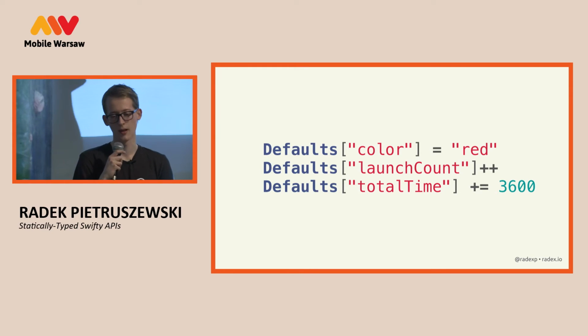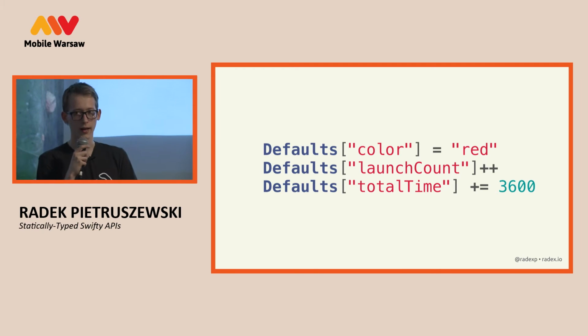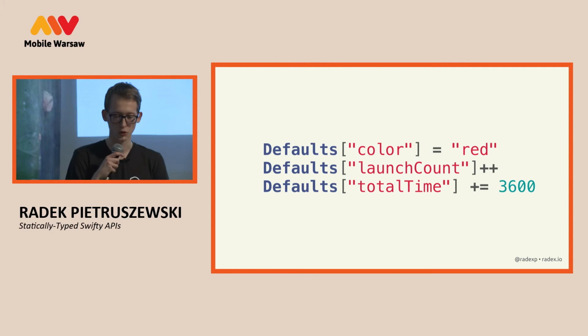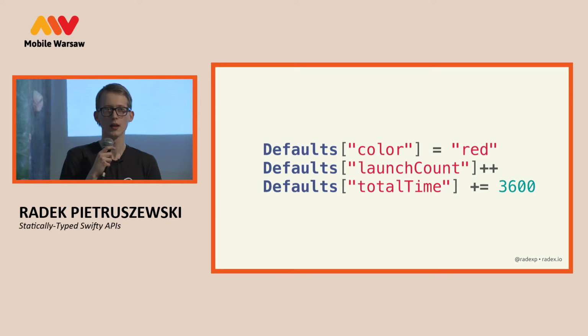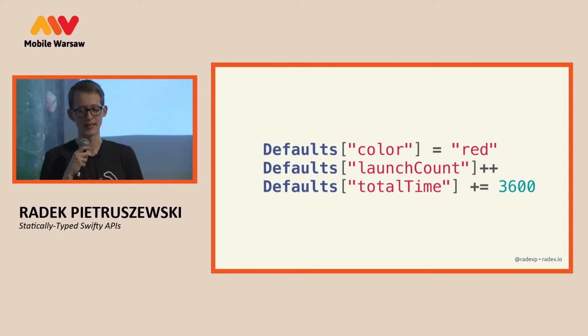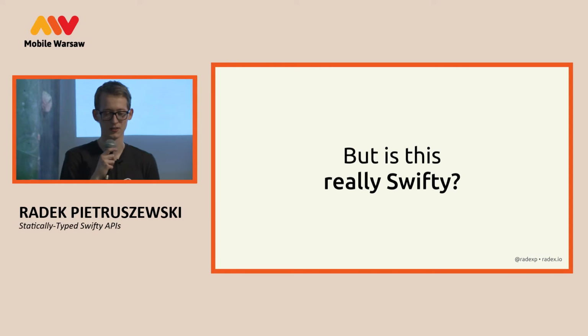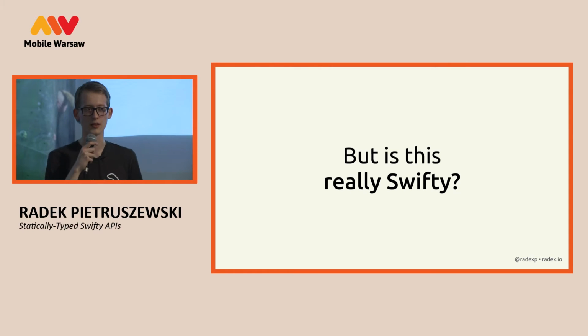So that was great, and then I used it in a few of my actual real projects, and I've been learning Swift and just using Swift more and appreciating more of what Swift is. I started asking difficult questions like, is it really Swifty, right?